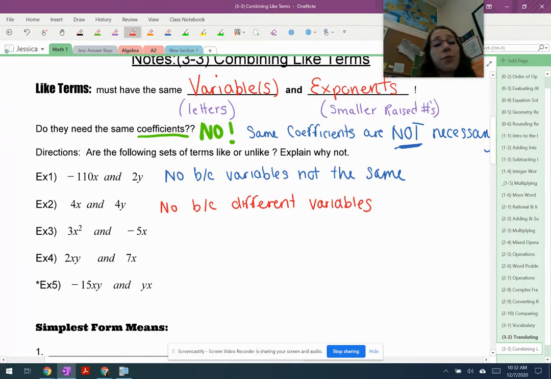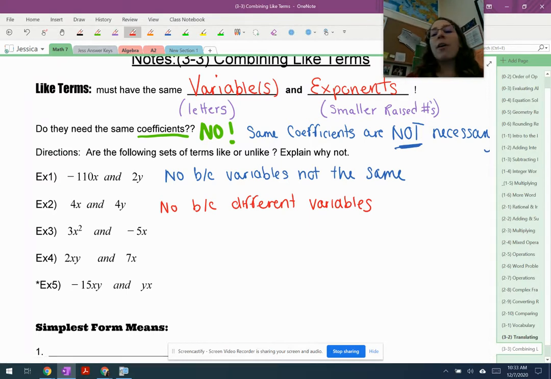Example 3, 3x squared and negative 5x. At first glance, this might seem like terms because they do have the same variables. They both have an x to them, so that fits that requirement. However, they do not have the same exponents.